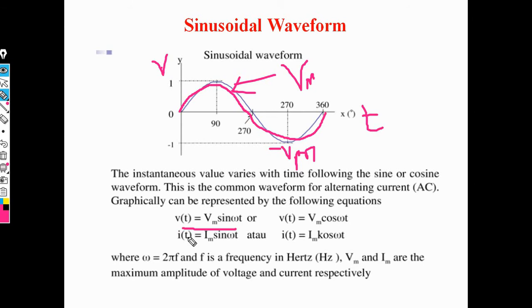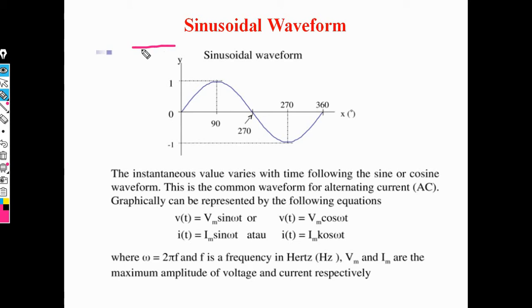The same pattern holds for current, because current is less than voltage, and voltage is greater than current. This is the relation between voltage and current. Then i of t is equal to Im sin omega t. Now we consider the waveform of current with respect to time, i of t.